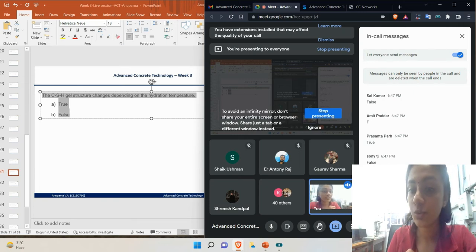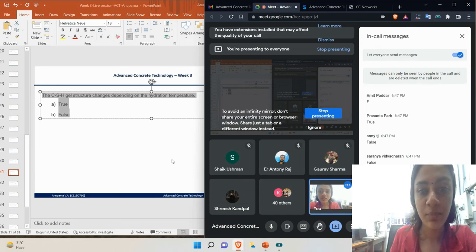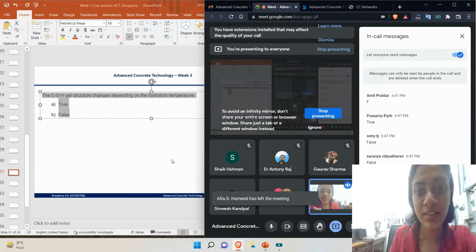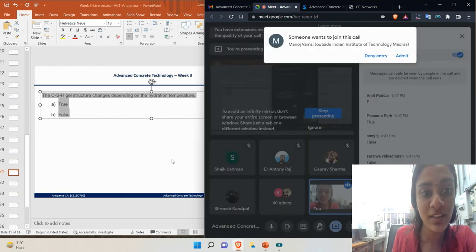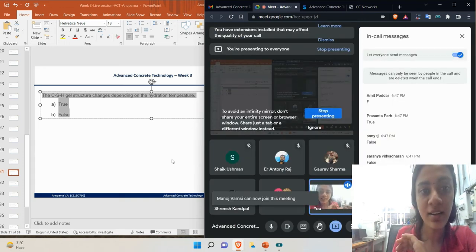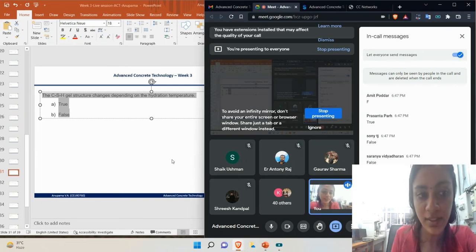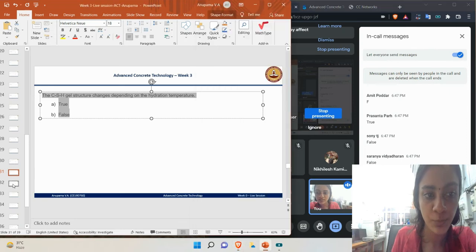The correct answer is true. That was also covered by Professor Manu in the lectures, because when you change the hydration temperature, the CSH gel forming has layers, but the surface area keeps on changing. Sometimes it has a very high surface area, and even keeping that layer, it has a different surface area. So generally the CSH gel structure itself changes depending on the hydration temperature. So the correct answer is true.